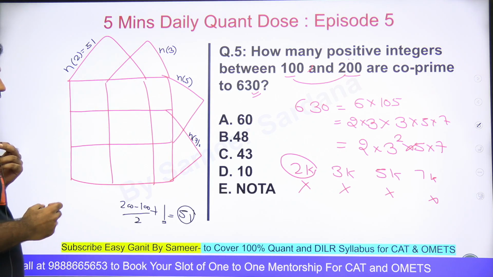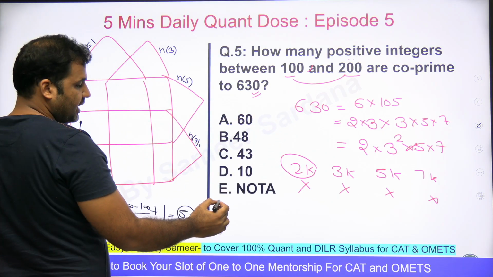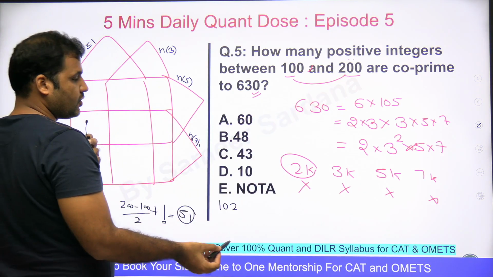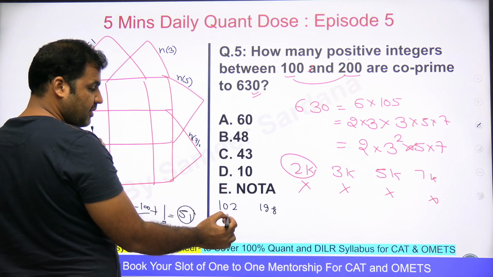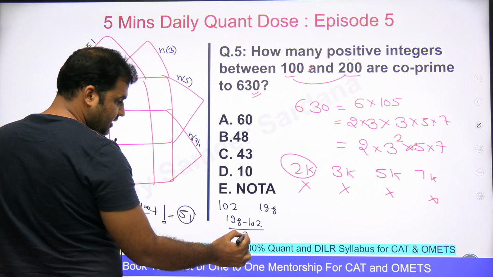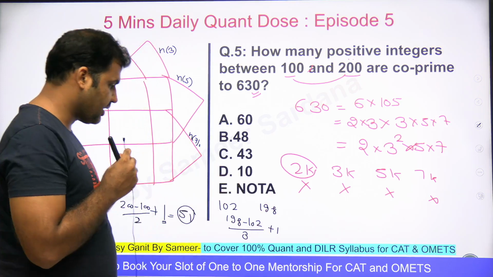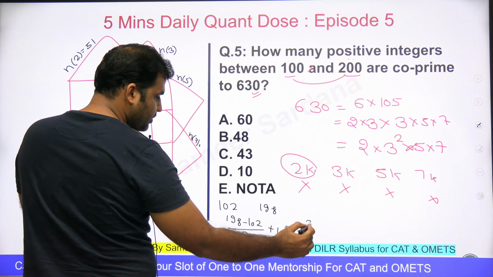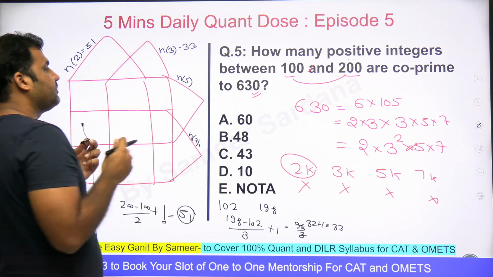Similarly, if I want to find out how many numbers are there which are the multiple of 3, how will you find it out? पहला नंबर कौन सा है? 100 के बाद जो 3 का मल्टीपल है दैट इज 102. लास्ट नंबर राइट जो 3 का मल्टीपल है दैट इज 198. नाउ 102 से 198 के बीच में कितने मल्टीपल्स है 3 के? सेम कॉन्सेप्ट. लास्ट नंबर माइनस फर्स्ट नंबर डिवाइडेड बाय 3 प्लस 1. प्लस 1 इज बिकॉज एक्सट्रीम वाले नंबर्स. 198 minus 102 is 96. 96 by 3 32. 32 plus 1, the total 33 numbers which are the multiple of 3 guys, right?